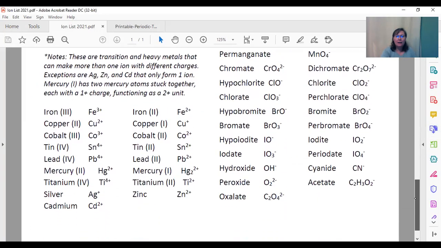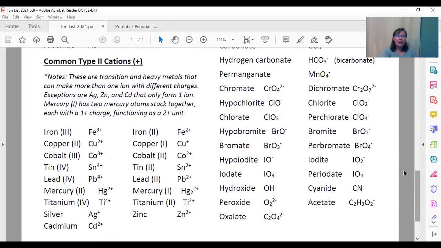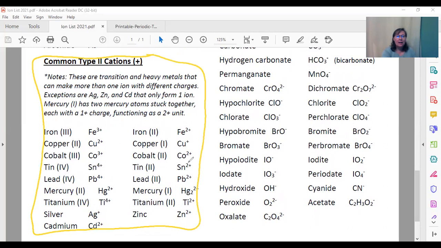Okay, now if you scroll down here, you can see these common type 2 cations. And here you can see a list of some of those transition elements and the different types of ions that they'll make. So here you can see iron 3 and iron 2.